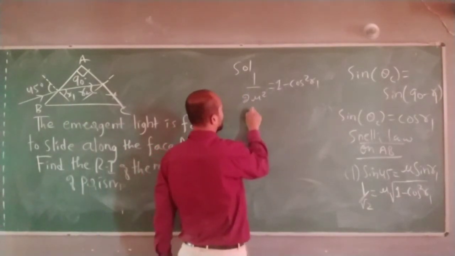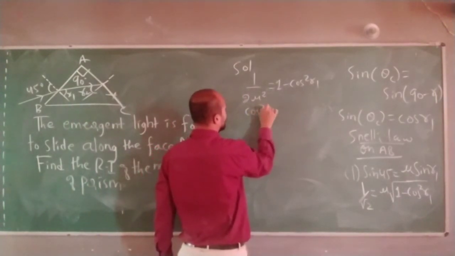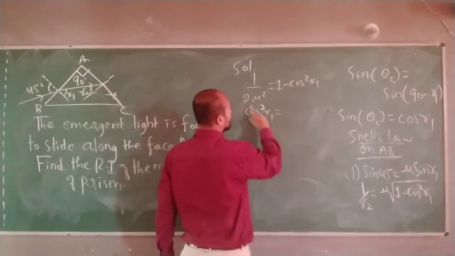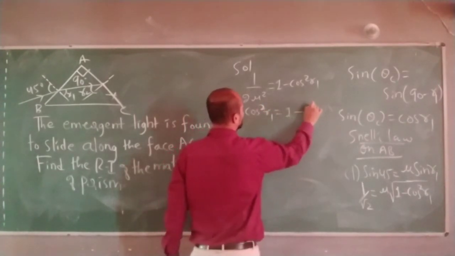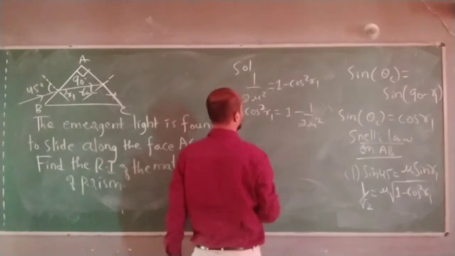So cos square r1 can be written as 1 minus 1 divided by 2 mu square.